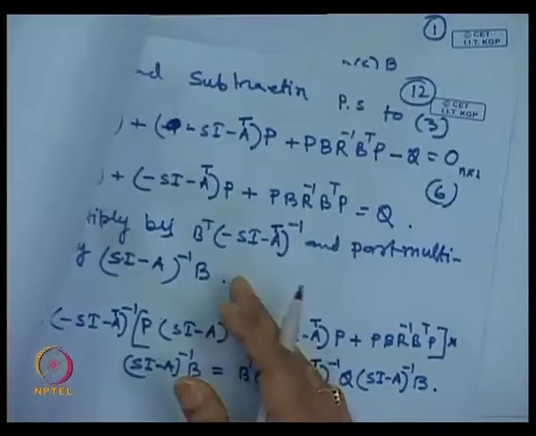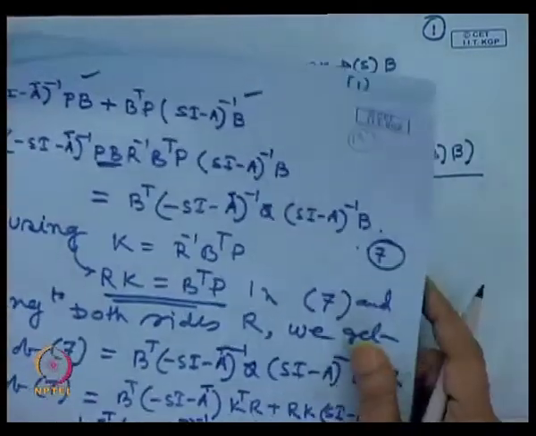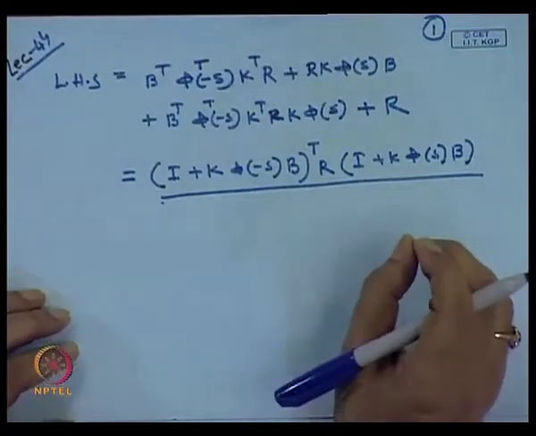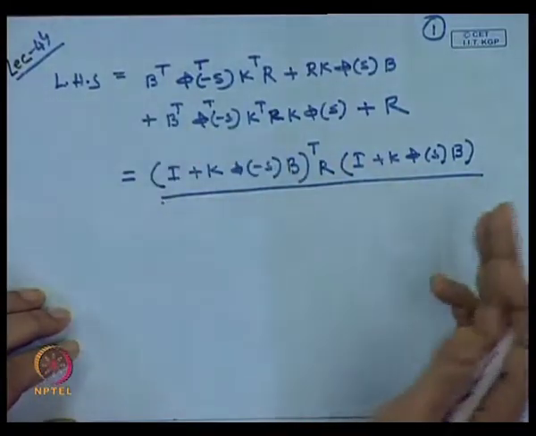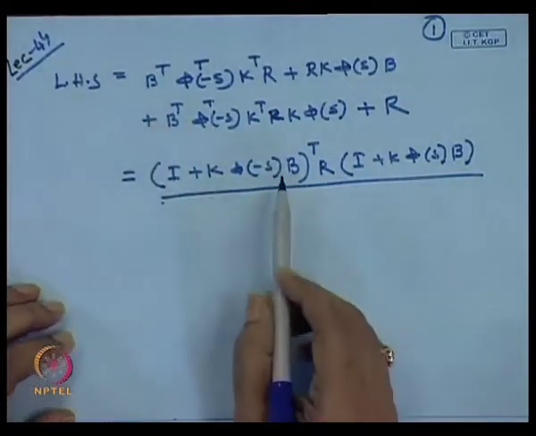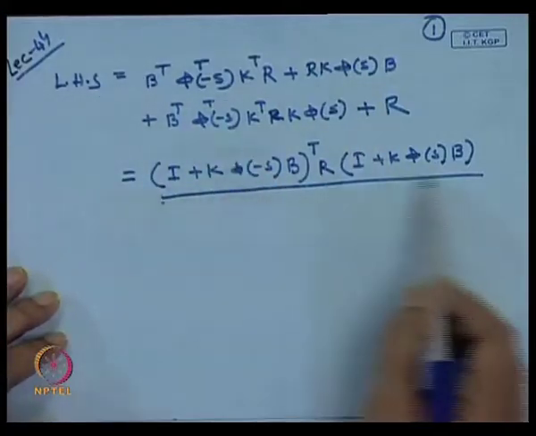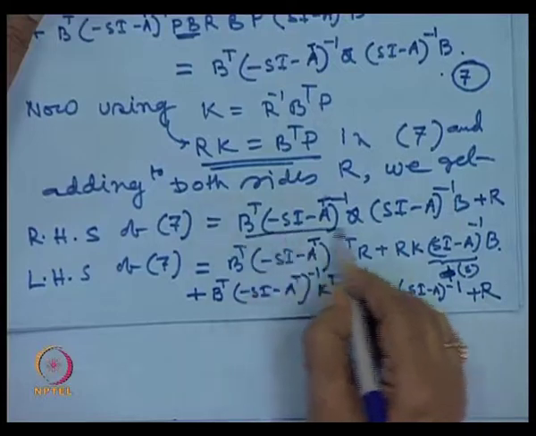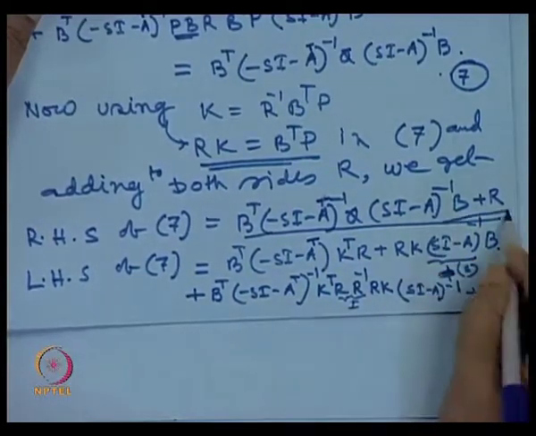After pre multiplying and post multiplying, R is added to the left hand side and right hand side. Then ultimately we got the left hand side equation as this one, and the right hand side as this one.